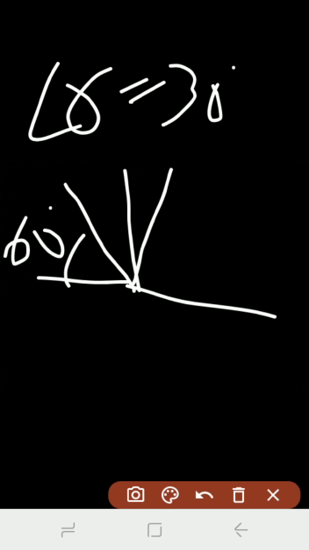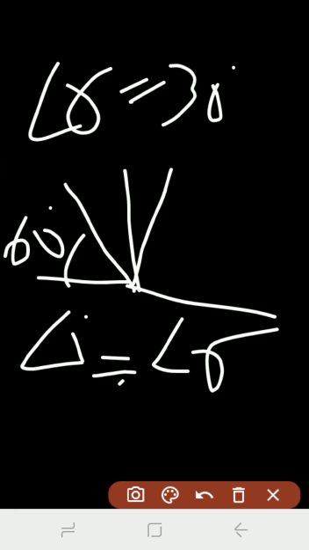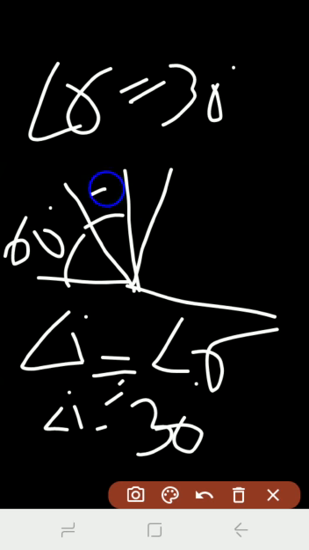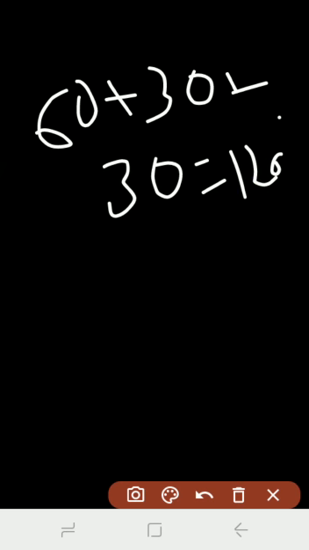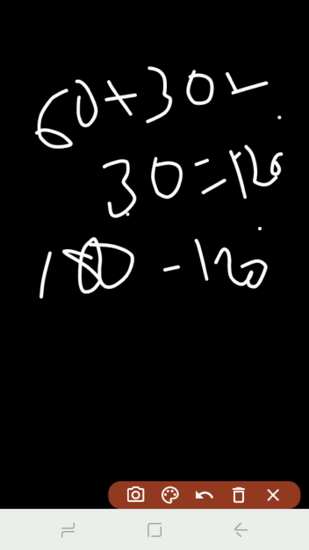So what is the angle of incidence? Angle of incidence is equal to the angle of reflection. So if angle R is 30 degrees, angle I will be 30 degrees. So this is 30, this is also 30. So what we have got is 60 plus 30 plus 30, that is 120 degrees. And what is the angle left? 180 minus 120 degrees equals 60 degrees. So that was the left angle.